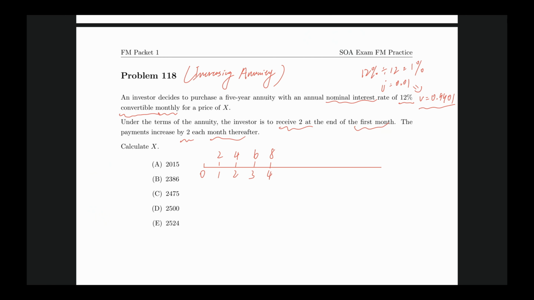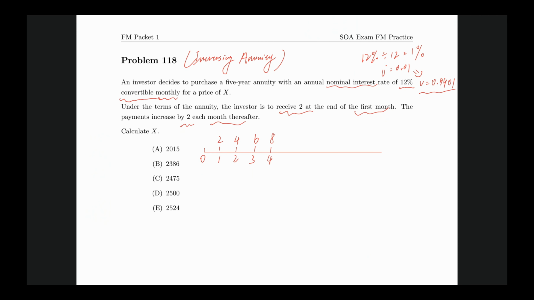Okay, and now we want to find X, and we know that X equals a bunch of cash flows. So basically we have 2 times 0 plus 4v, I mean 4v squared, and 6v cubed plus 8v to the power of 4. And how many payments do we need?